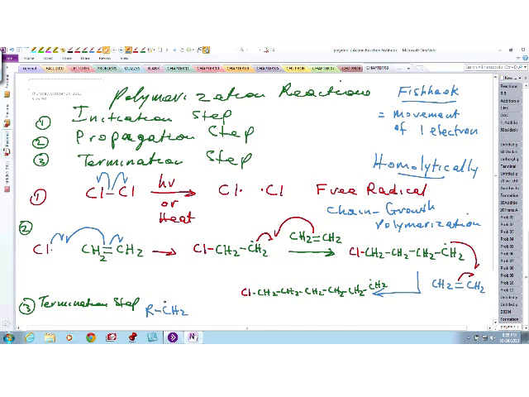Imagine now you have two free radicals joining together to form a product. So finally, at the end of this process, you have a long chain.